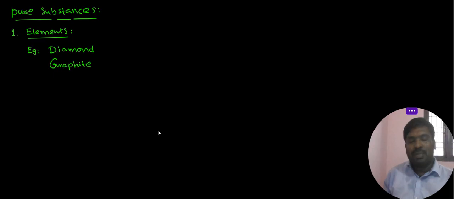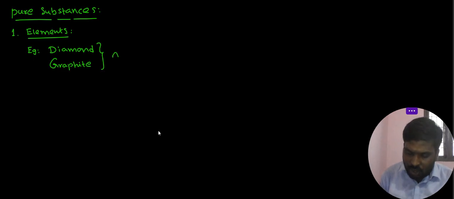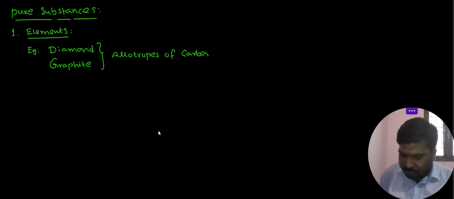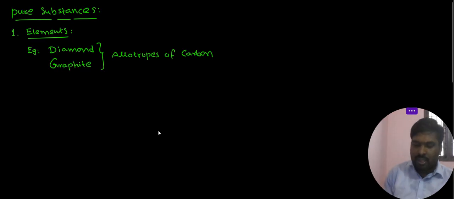These are considered elements because they are made up of only one type of element, that is carbon. They are also called allotropes of carbon.